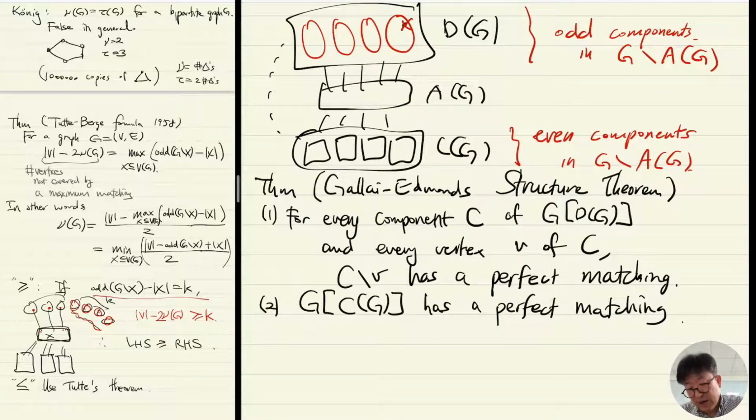And the second property implies that these even components have a perfect matching. So if I know how to find the perfect matching, I can find the perfect matching in C(G), which can be used later to build a maximum matching of the whole graph, avoiding this particular vertex.